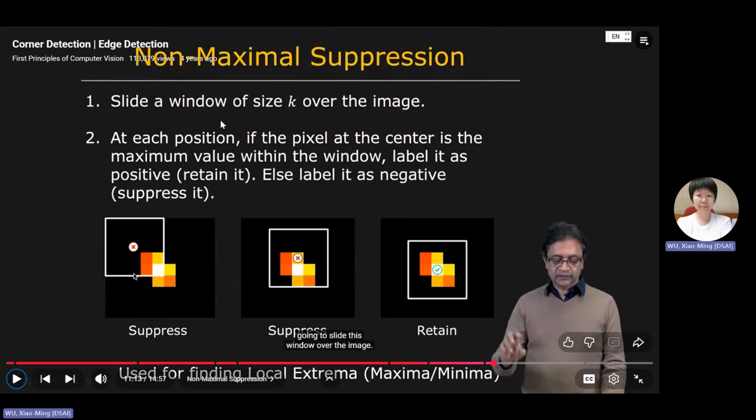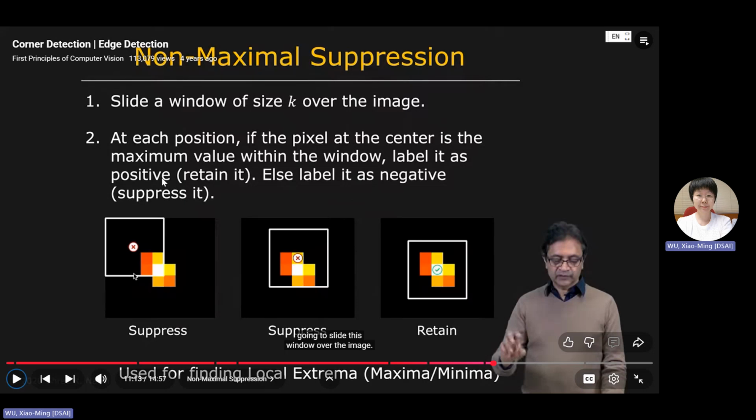We can perform non-maximum suppression by comparing whether the center pixel is larger than the rest of the pixels. If the pixel at the center is the maximum value, then we keep it.